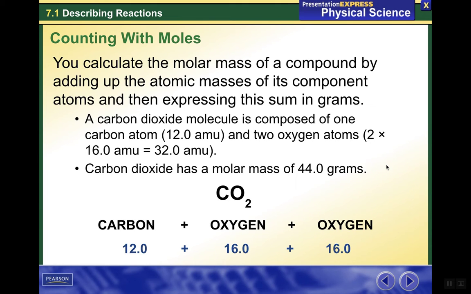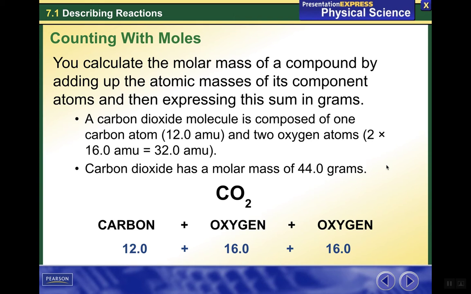So to calculate the molar mass of a compound, we simply just add up the molar masses of all the component parts. So for example, carbon dioxide has a molar mass of 44 grams. Well, how did they come up with that number? Well, a carbon atom, which there is one of in carbon dioxide, weighs 12 grams.